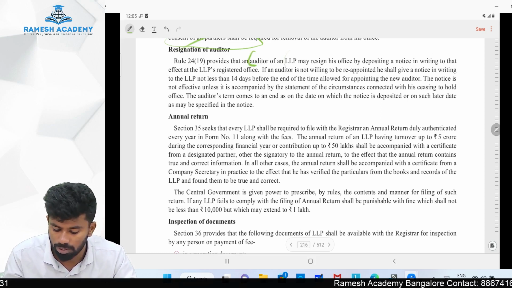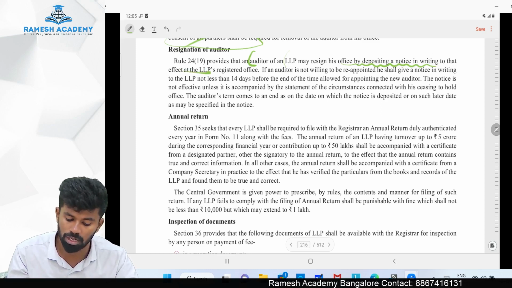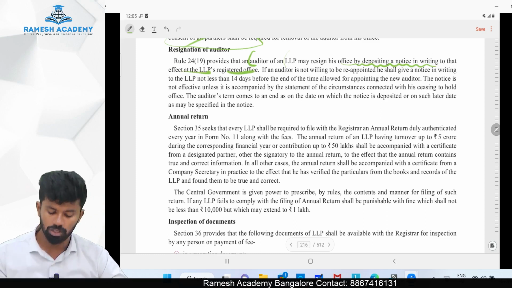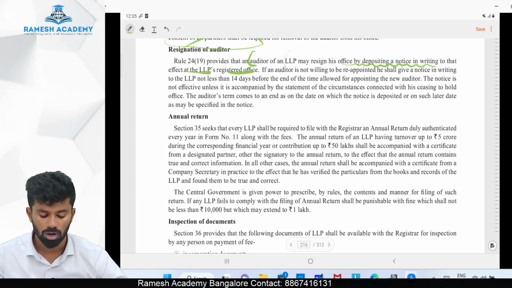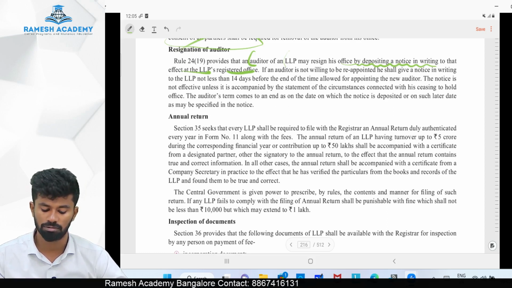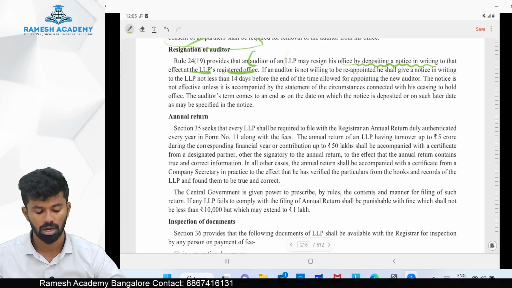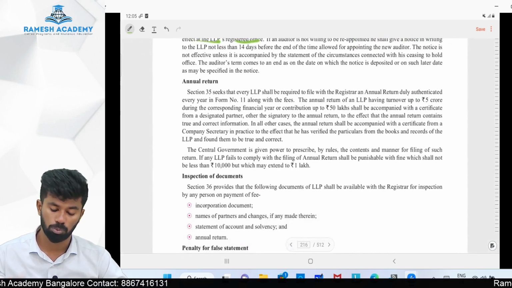Auditor of an LLP may resign from his office by depositing a notice in writing to that effect at the LLP's registered office. If an auditor is not willing to be reappointed, he shall give a notice in writing to the LLP not less than 14 days before the end of the time allowed for appointing the new auditor. And in that case, the LLP will appoint the new auditor.